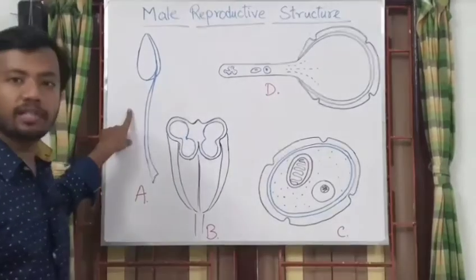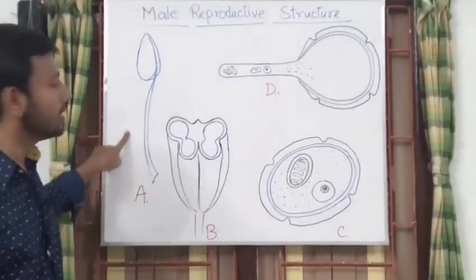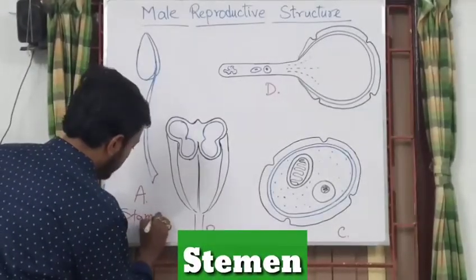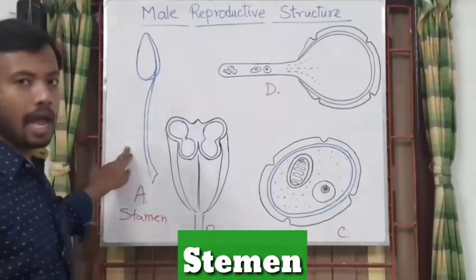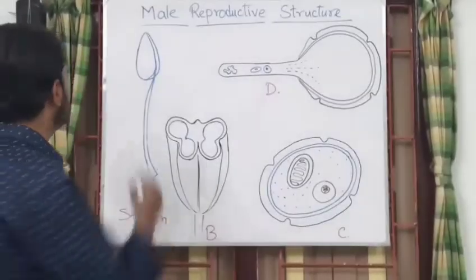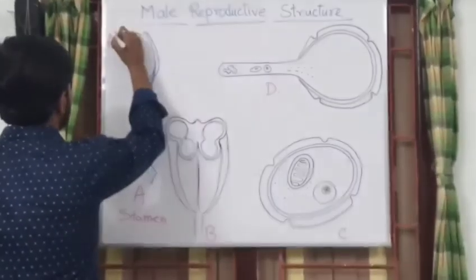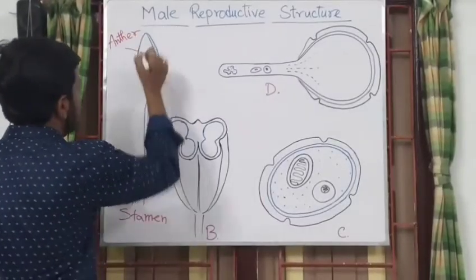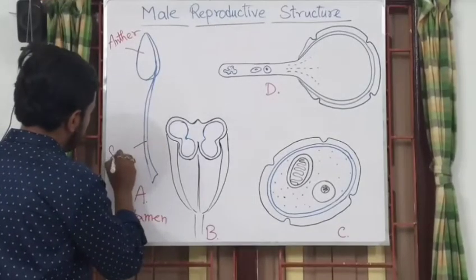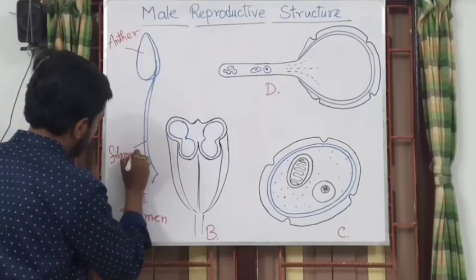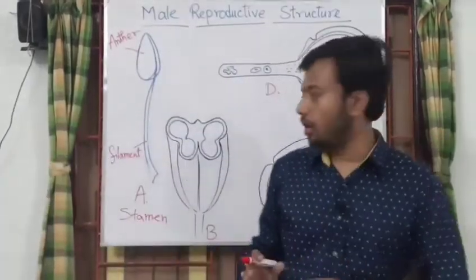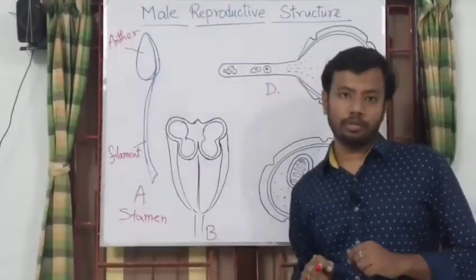Here is our first structure, a single typical stamen, which consists of 2 major portions. At the top there is the anther that houses the pollen grain, and this stalk-like structure is known as filament.